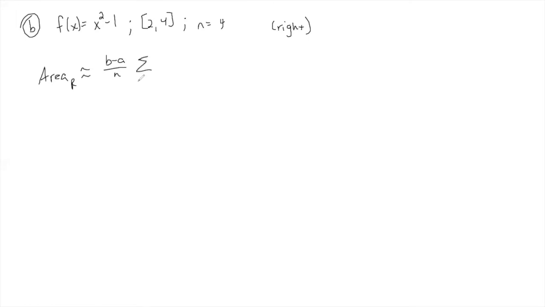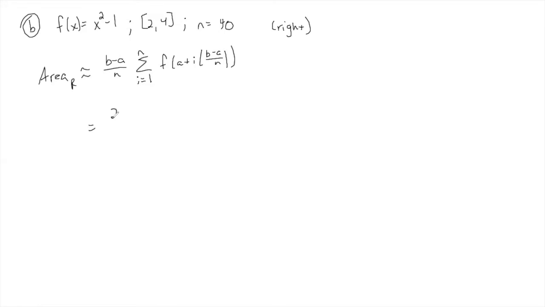I would suggest you write this out every time, just to get the practice. Sum i equals 1 to n, whatever it happens to be in that case, of f of a plus i times b minus a over n. Great. b and a are still the same thing, but n should be 40 this time.